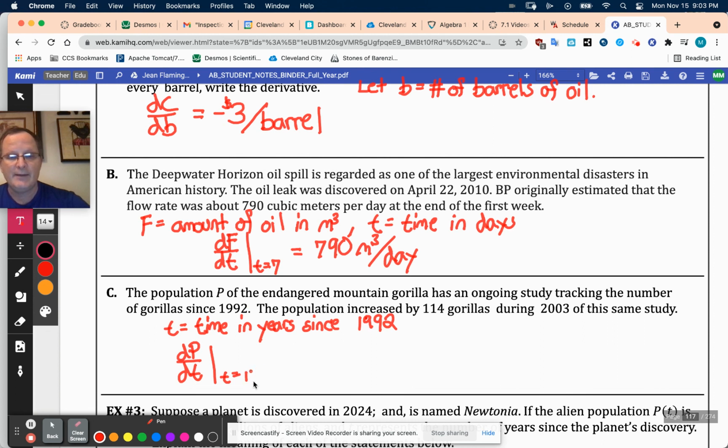So T was 11 is 114 gorillas per year. All right, so there we go. So those are number one and number two. Unless there's some adjustment that needs to be made, we'll talk later if we need to.